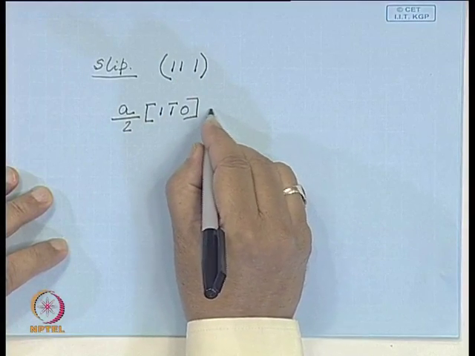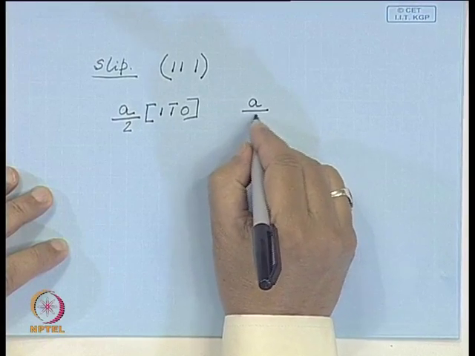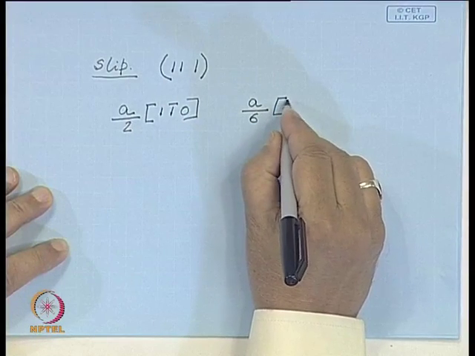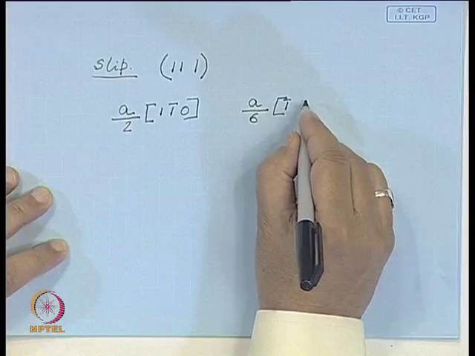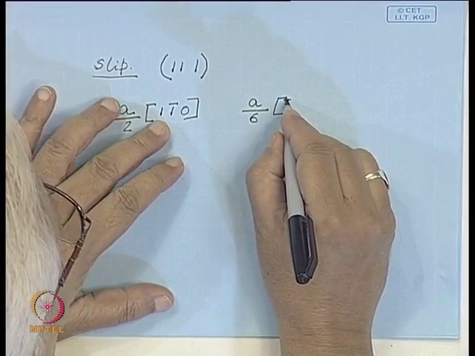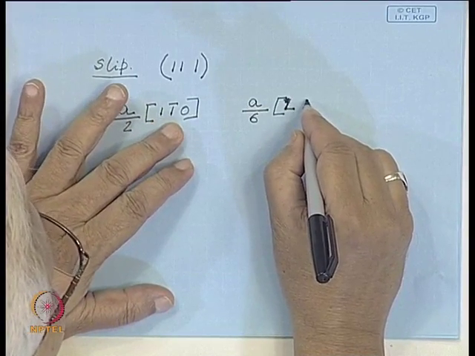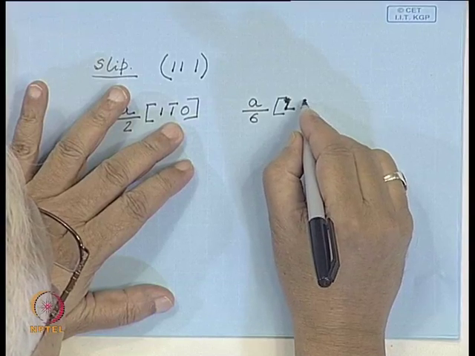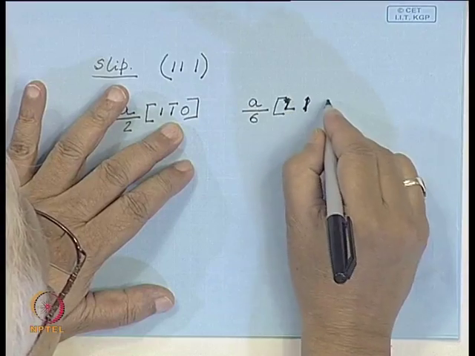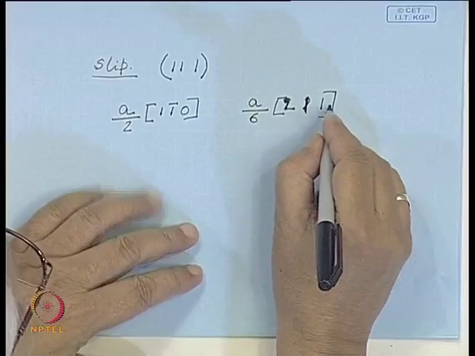Now, suppose, can this break down into these two? This is 2 1 1.